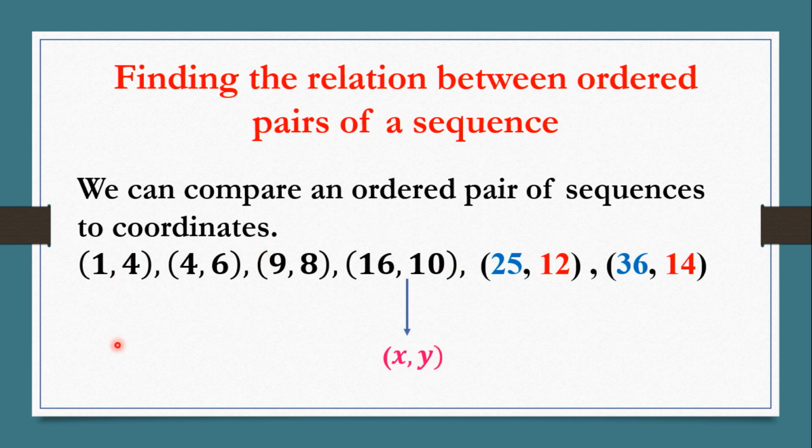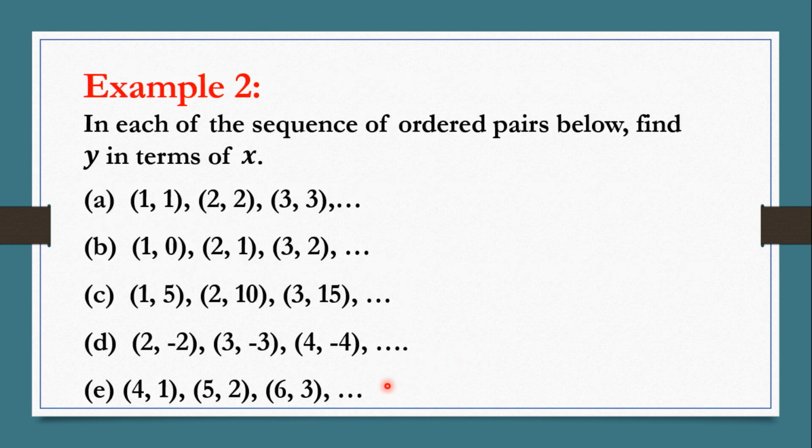So we can compare these two coordinates. We are going to find the relation which exists between x and y. So let us look at example 2. In each of the sequences of ordered pairs below, find y in terms of x.